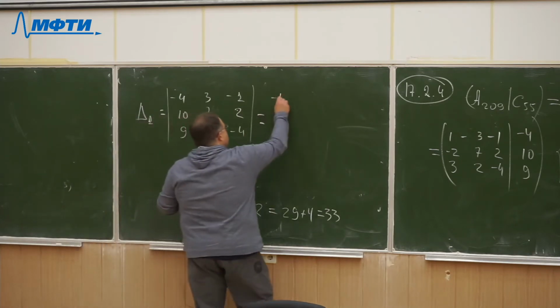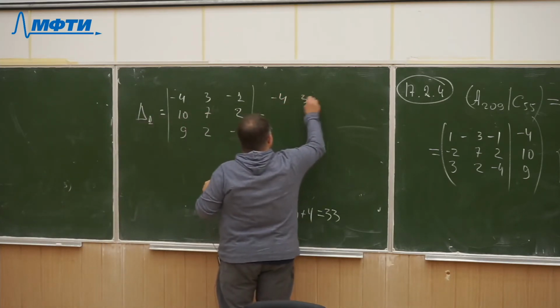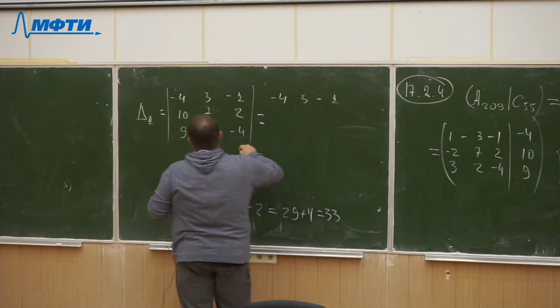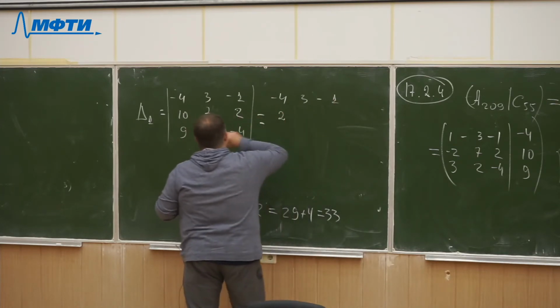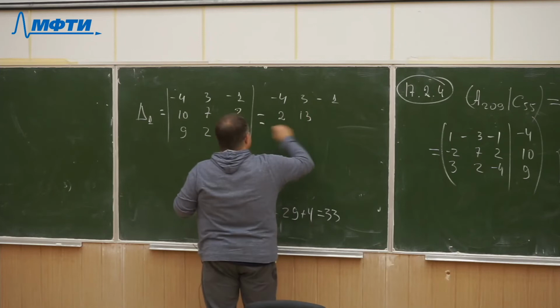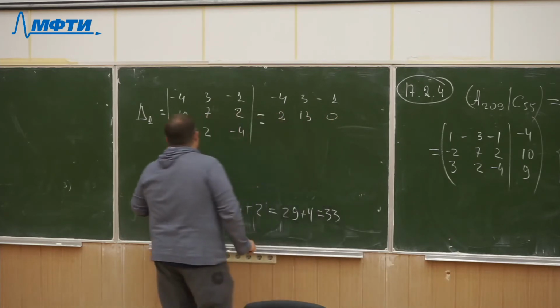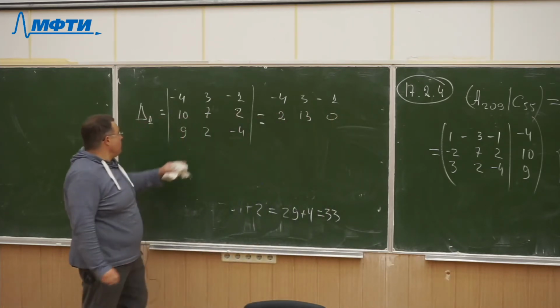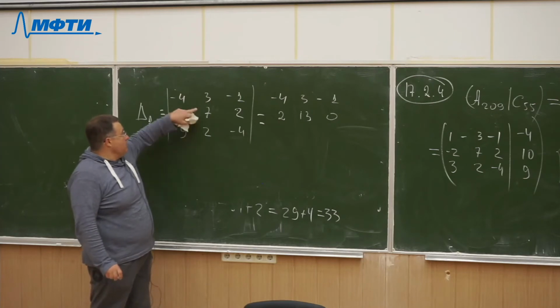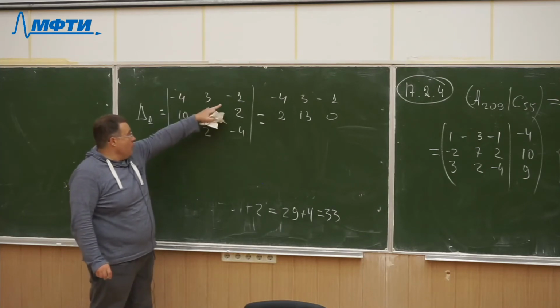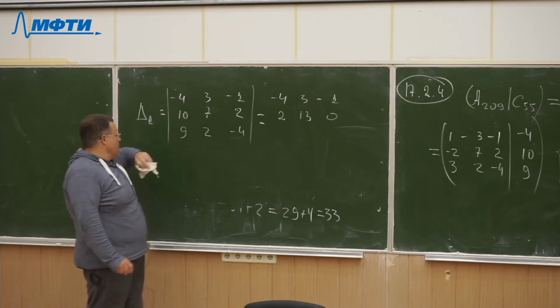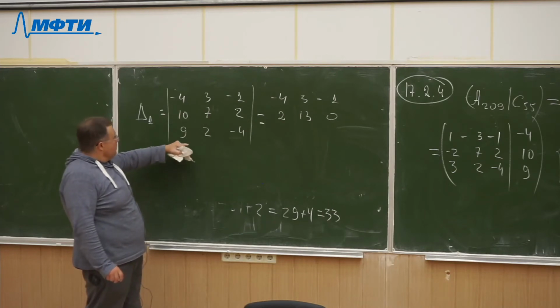Minus 4, 3, minus 1, 2, 13, 0. Let's multiply the first row by 4 and subtract from the third row.